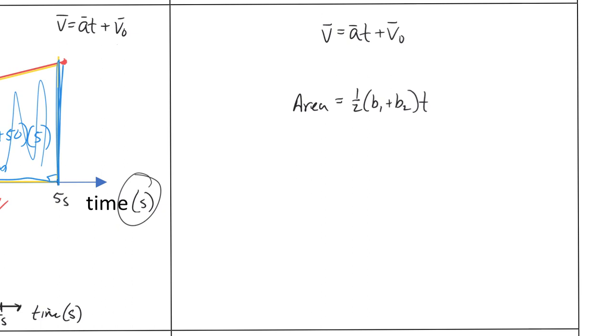We could use the area function to produce a new relationship between variables for motion. If area is defined as displacement, the symbol we use for displacement from last week, then the first base was the initial velocity, the second base was the final velocity, and the height was the time. Oh, I wrote T here. It's supposed to be an H. Sorry, thanks for not correcting me.